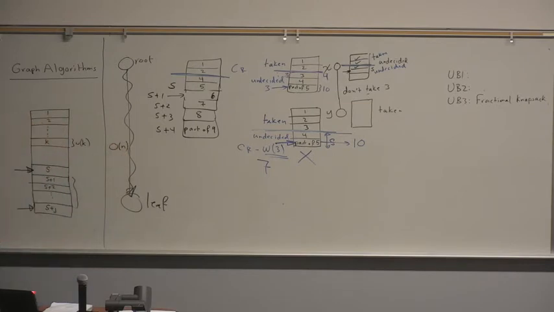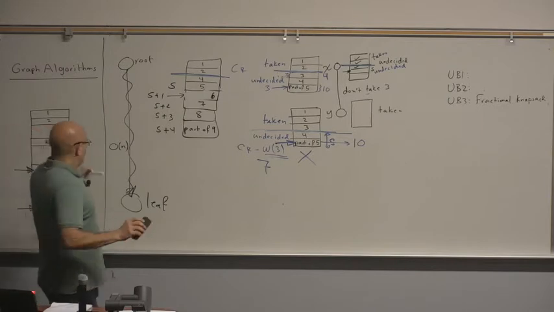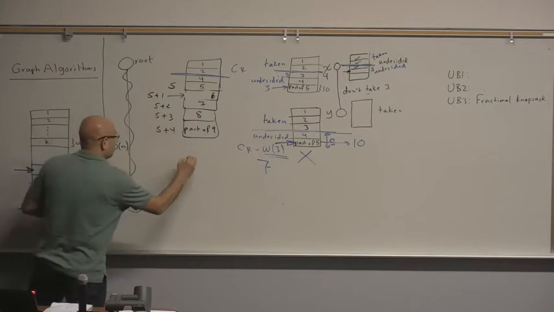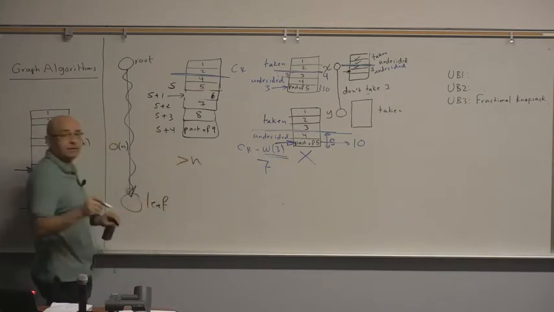Now, first of all, why would the computational time from root to leaf exceed n? It's O of n, but in general it could be greater than n. Why would it be greater than n?